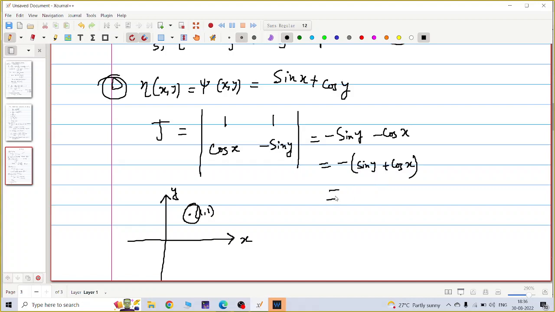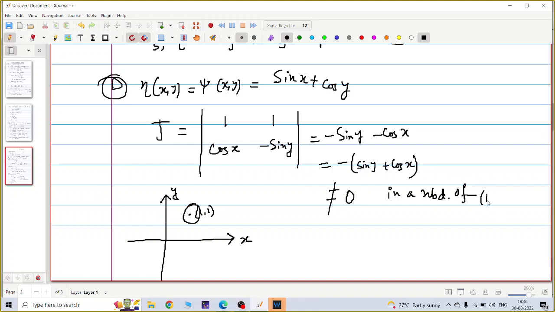Sine and cos are both non-zero in this neighborhood, and both are positive also. So the Jacobian is negative, that is non-zero. So in a neighborhood of 1, 1, the Jacobian is non-zero. You have to write here: non-zero in a neighborhood of 1, 1.